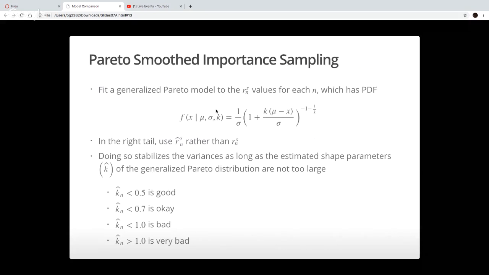But if you have several of those, the convergence of this estimator to the truth is rather slow as n increases, so that's not great either. But if it's below 0.7, particularly if it's below 0.5, then you're in the clear. And this is all estimated for you, so you'll get warning messages if the assumptions of this procedure are not being met.